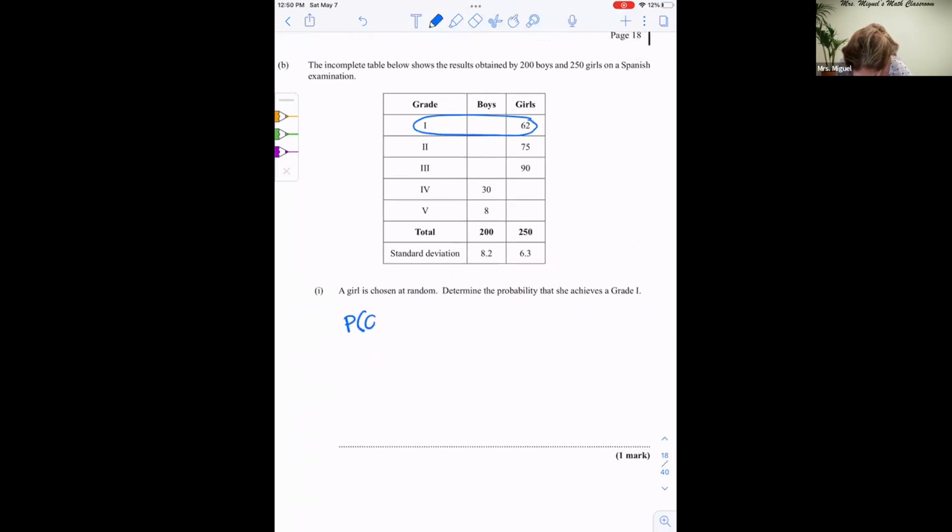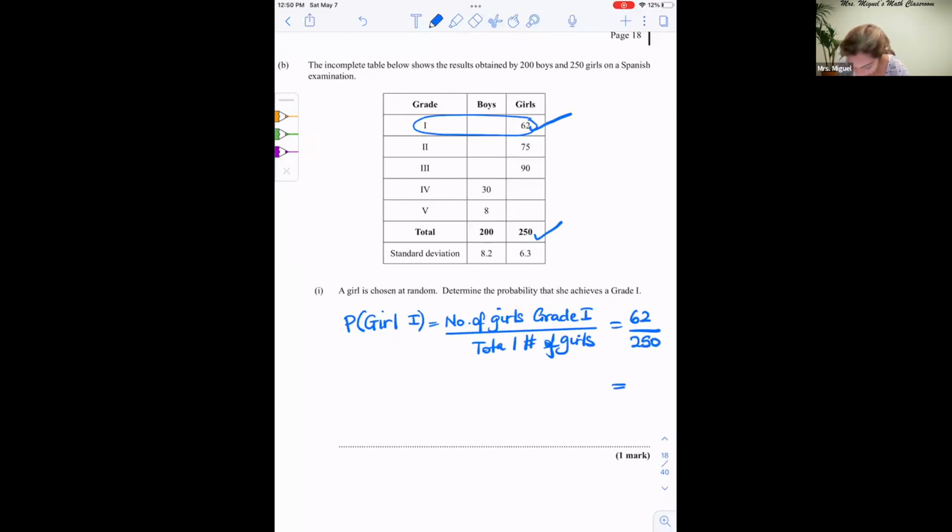So the probability that a girl receives a grade 1 is the number of girls who get a grade 1 over the total number of girls. 62 of them receive a grade 1. The total number of girls is 250. We can divide each number by 2. We will get 31 over 125. So take that down. Let's look at the last part.